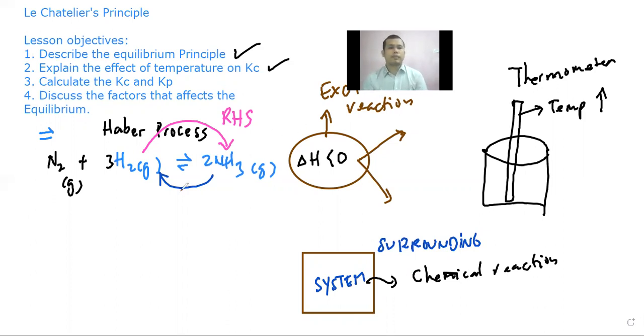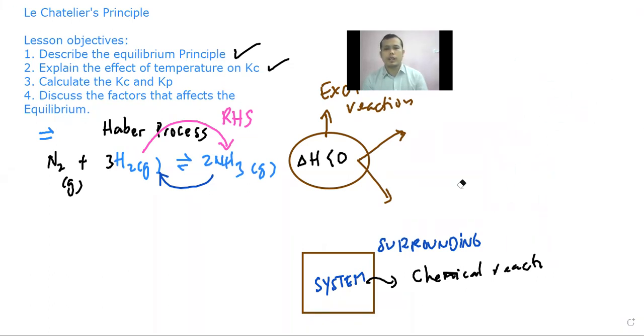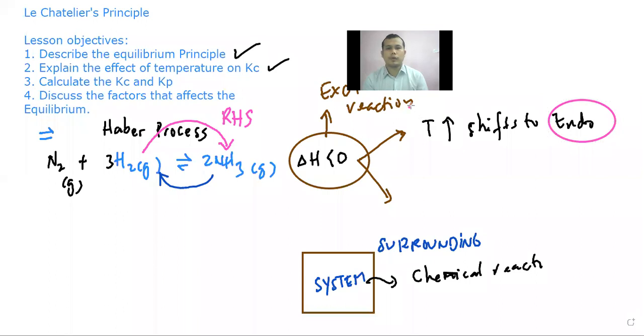Now, there are two things you need to consider regarding the effect of temperature. Number one, it is crucial to remember that if we increase the temperature, then the equilibrium shifts to the side of endothermic, so it shifts to endo.